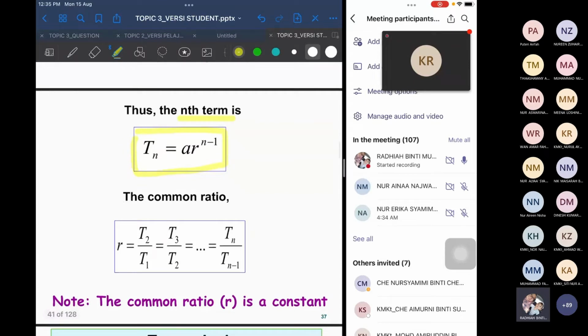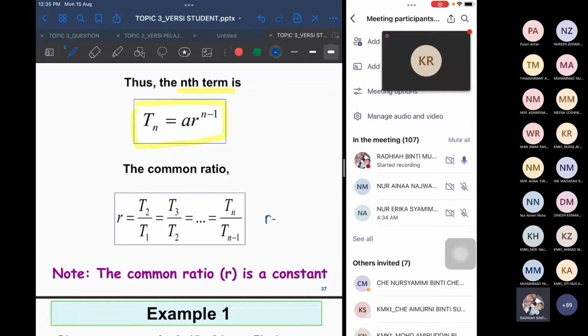Okay, untuk common ratio, formula dia adalah T2 divide by T1 ataupun T3 divide by T2. Okay, so we can make it as general. So kita punya common ratio adalah Tn divide by Tn-1.